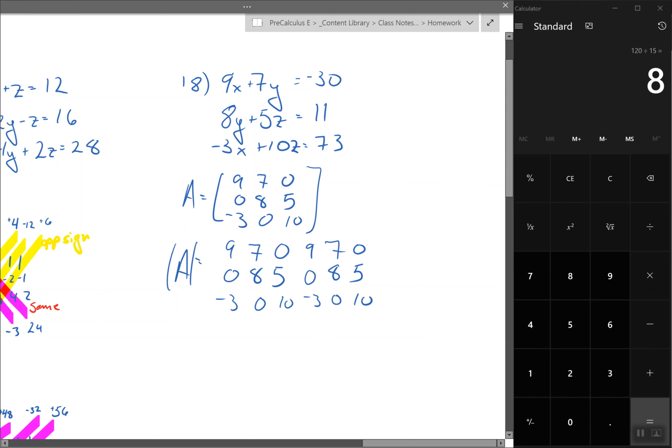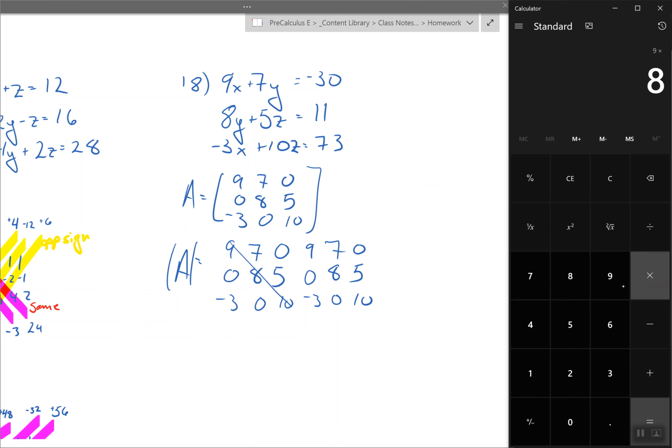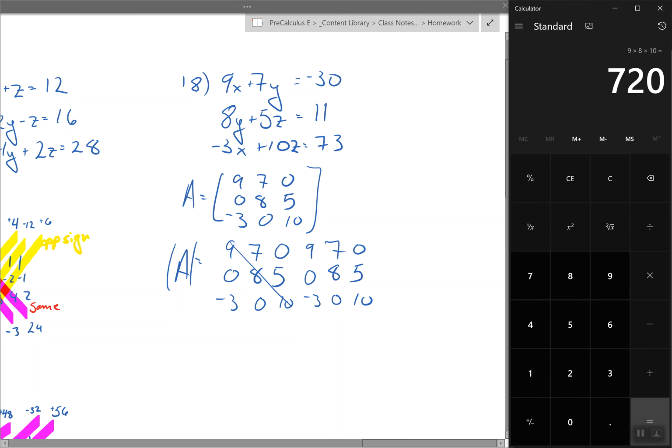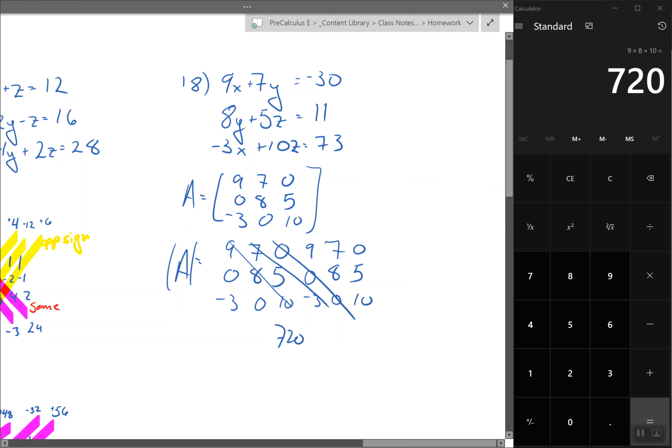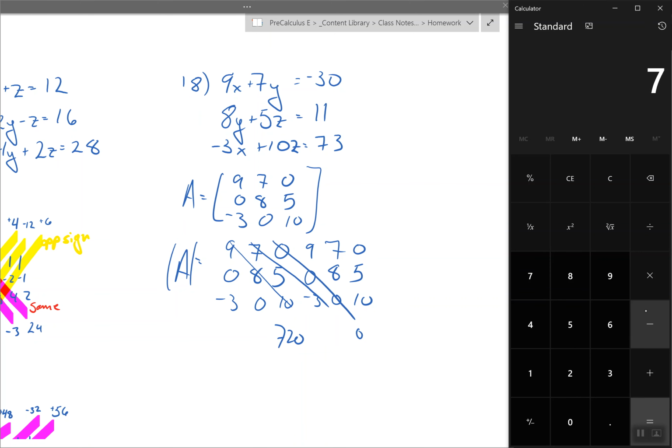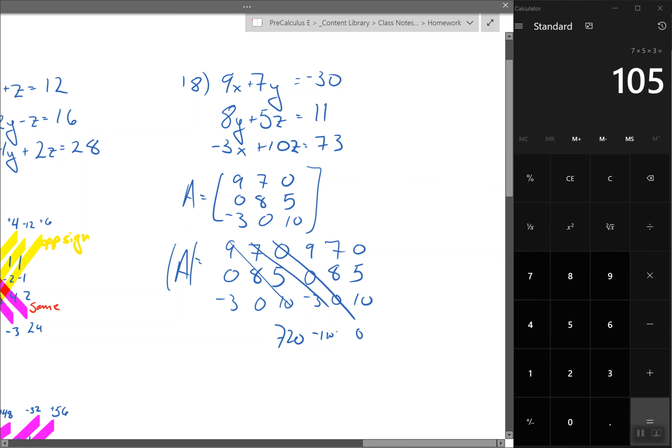Okay, so here's what I mean. This first one here, we do have 9 times 8 times 10, so that's a big number, 720. But then we're going to get a 0 all column there. So 7 times 5 times 3, that's negative 105. And if we go the other way, we're going to get a zero there, a 0 there, and a 0 there.